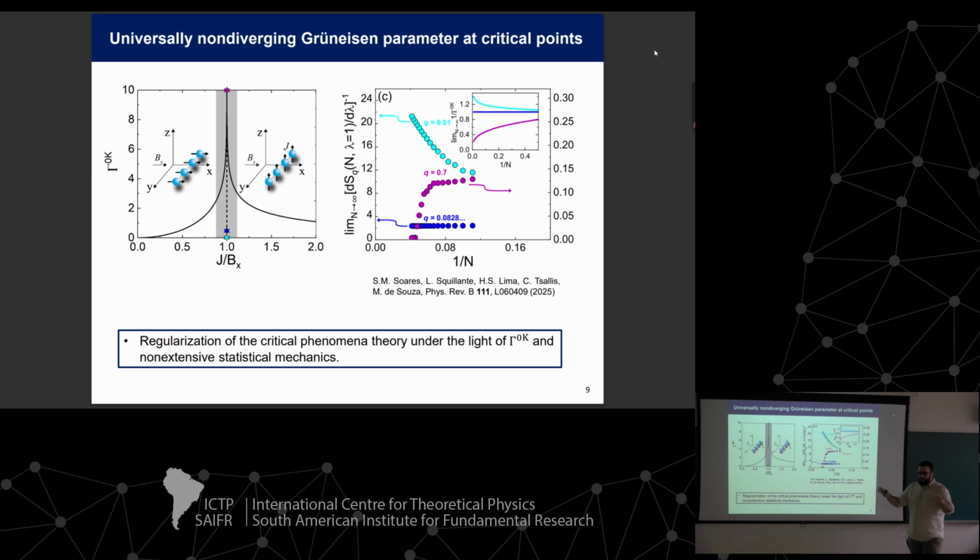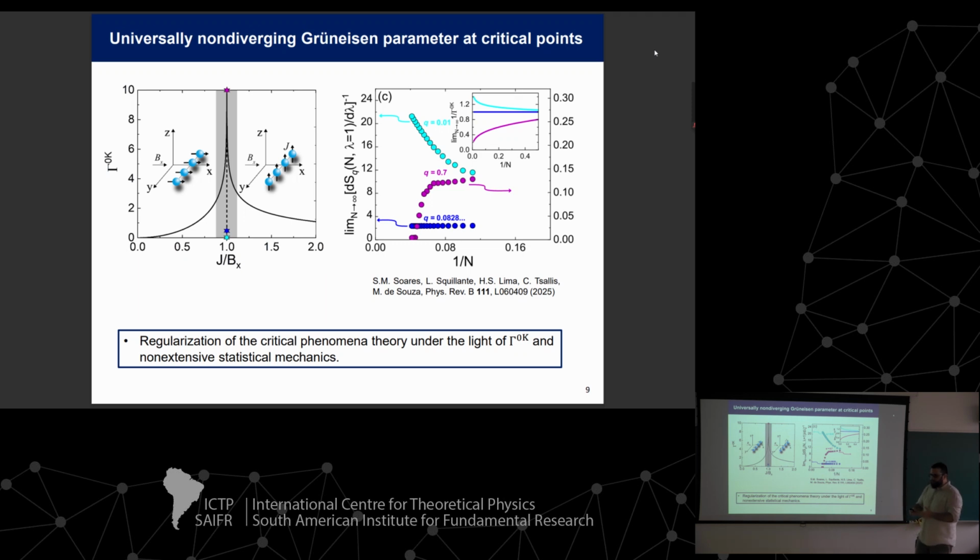There's a whole justification for that, but what we did was to correct this divergence, not only for this particular problem, but we have used the fact that right at the critical point, every critical point, either classical or quantum, we have a breakdown of the extensivity character of the entropy. The entropy does not scale with the system size.